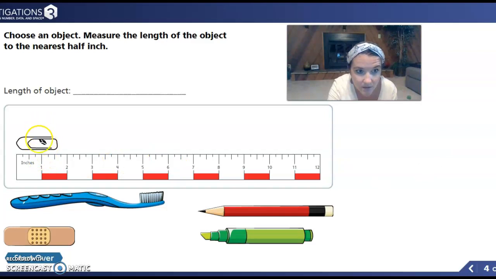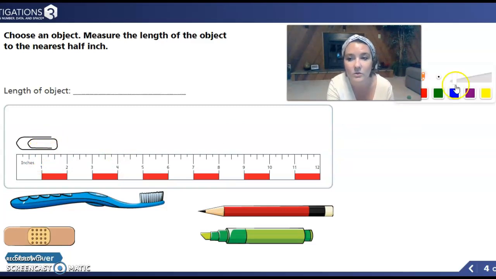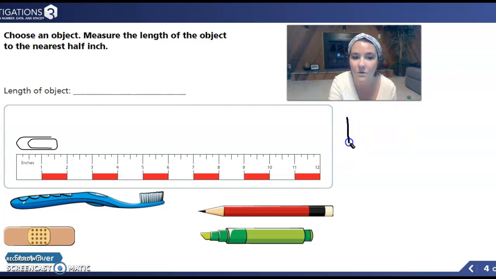You're right. 1 whole inch and 1/2 of another inch. So we would write that 1 and 1/2 inches. Okay.